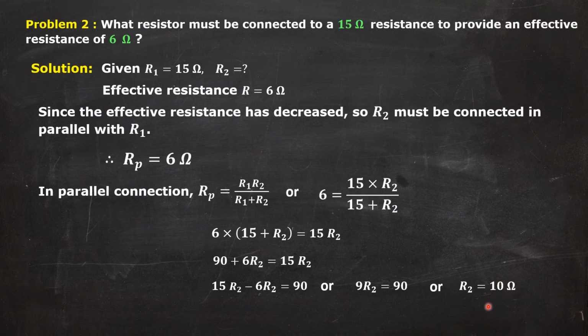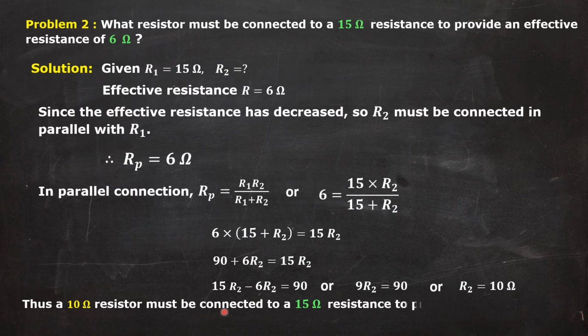Okay, so this is the required answer. Thus a 10 ohm resistor must be connected to a 15 ohm resistance to provide an effective resistance of 6 ohms. That means if the 15 ohms resistor and 10 ohms resistor are connected in parallel, we will get the effective resistance as 6 ohms.